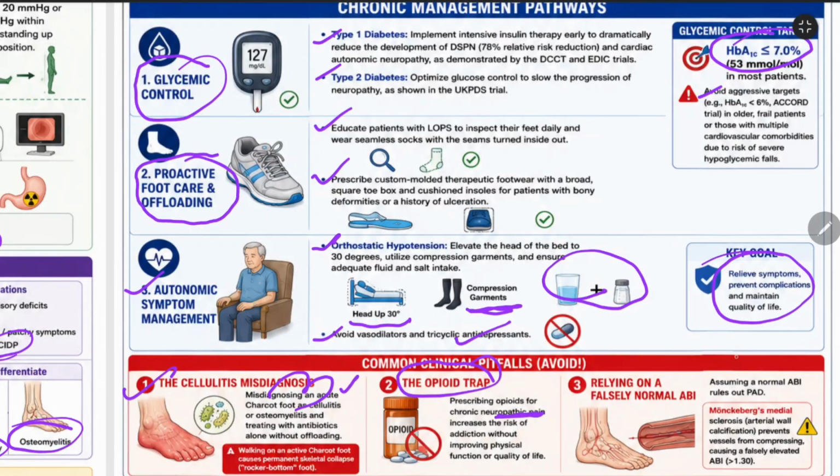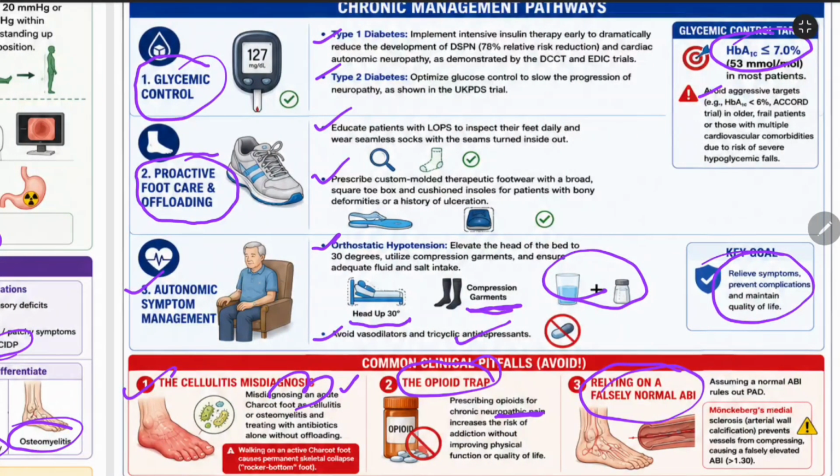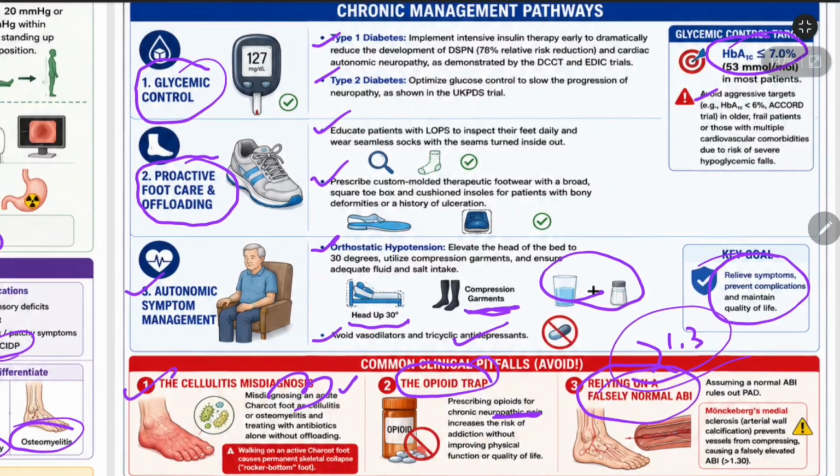And relying on a falsely normal ABI: assuming a normal ABI rules out peripheral artery disease. But if the ABI is more than 1.3, you should go for either toe brachial index or CT angiography. Or nowadays you can do Doppler ultrasonography also.